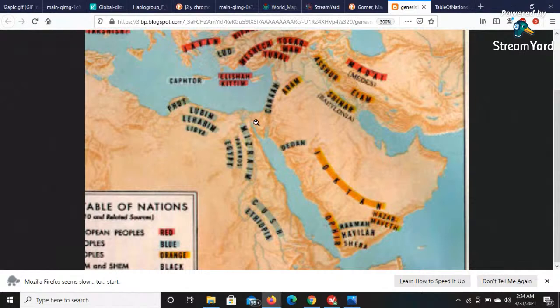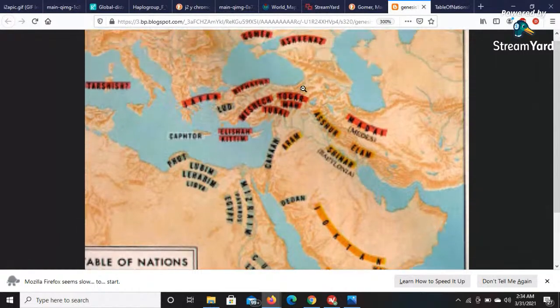So those are the Hamites. And the Shemites are, of course, the descendants of Arpachshad, which lived in Canaan. Asher, Aram, and Elam.